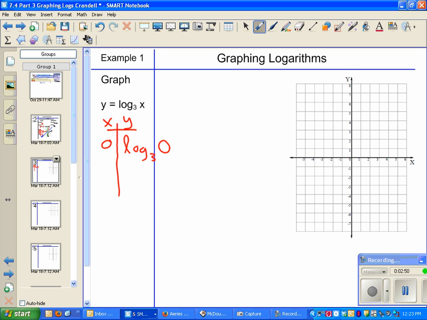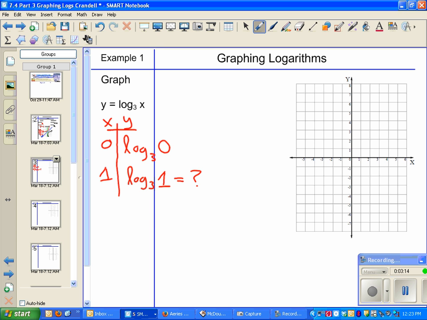So if you try log base 10 of 0, you'll get a domain error. What's another number to try? 1. That worked for the exponential, so let's try it. Log base 3 of 1. I don't have any inverses there. I can't simplify it, so I have no idea what this is. All right, so 0 and 1 won't work.